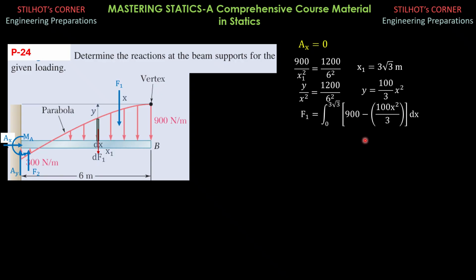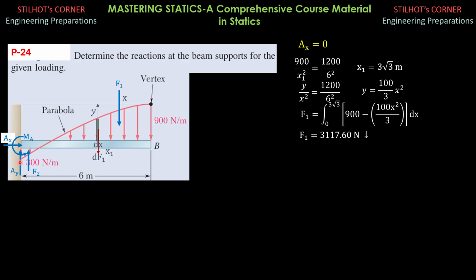Your calculator will have an easy way of evaluating that, even if we evaluate that manually. I will just evaluate this using the calculator. F1 equals 3,117.6 newtons downward.